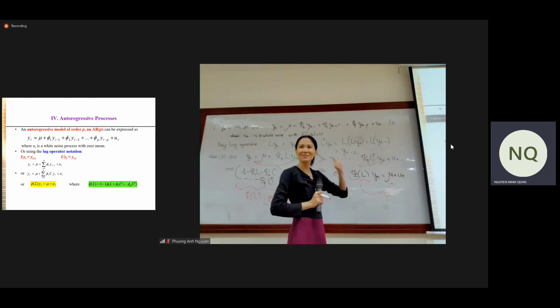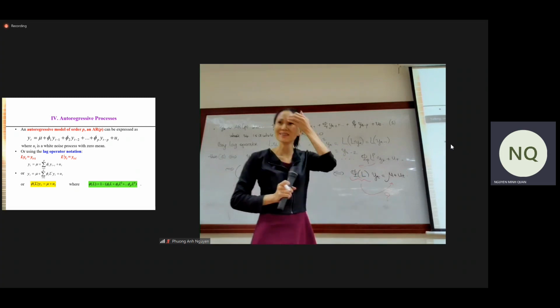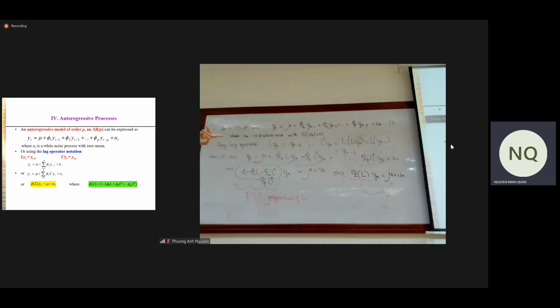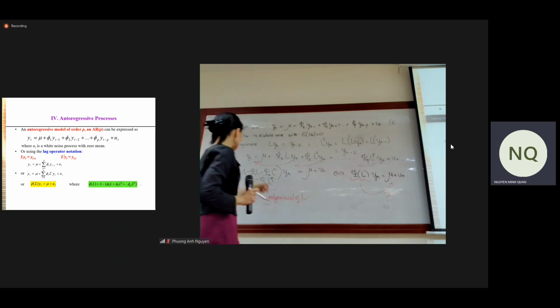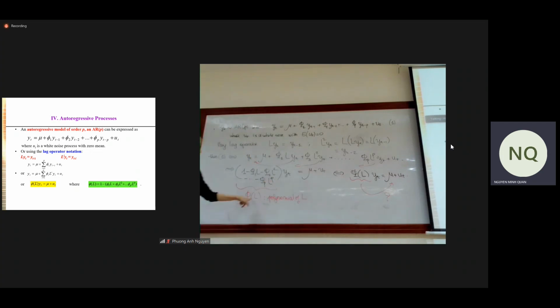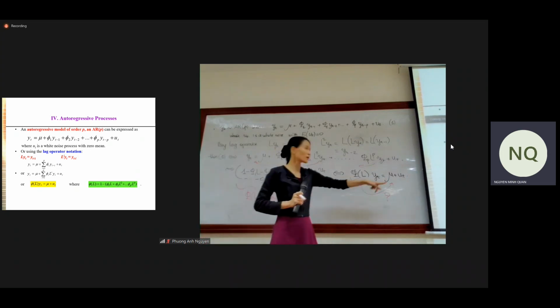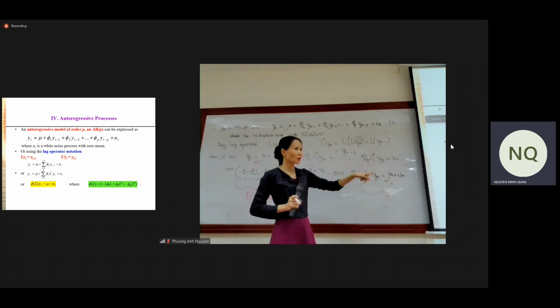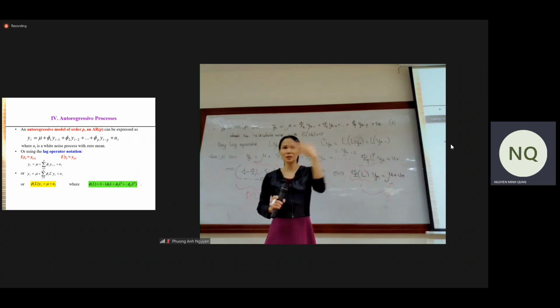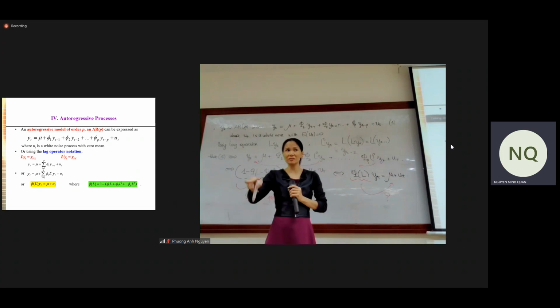I move it to the right-hand side, dividing, but it is an operator. Careful, it is an operator like L, and even more complex because you have a polynomial of L. So it's not a number. When it is a number you can divide, but for something like an operator, think of the easiest case, a matrix: you have to take the inverse of the matrix.